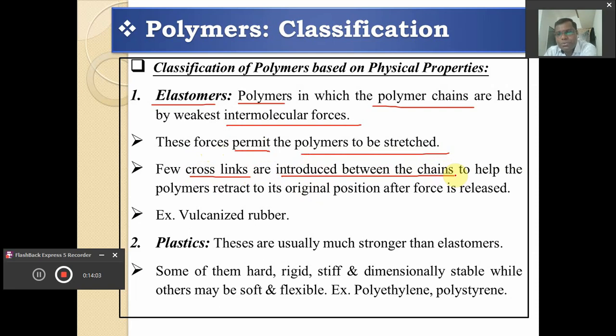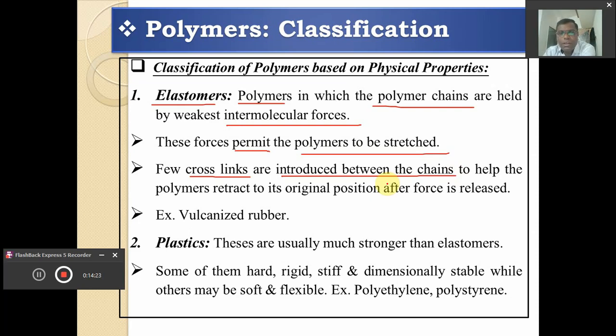It means that whenever force is applied, these polymers can be stretched, and once the force is released, these polymers will get their original position.